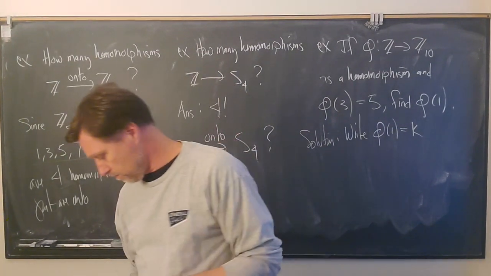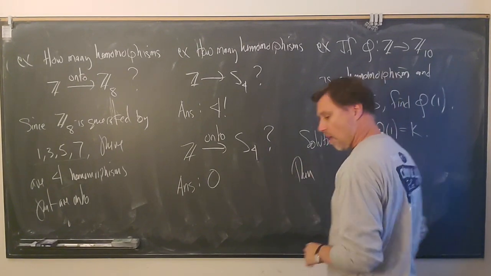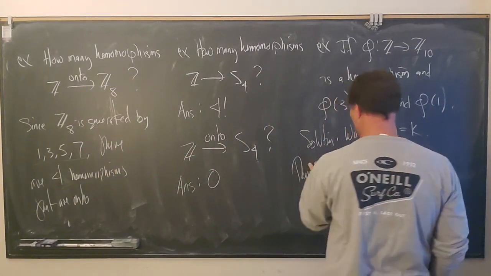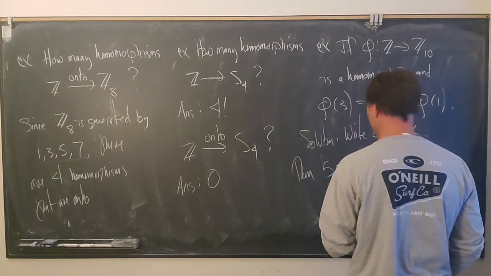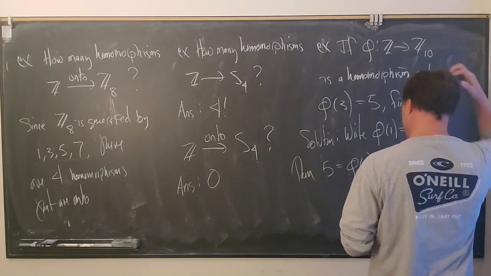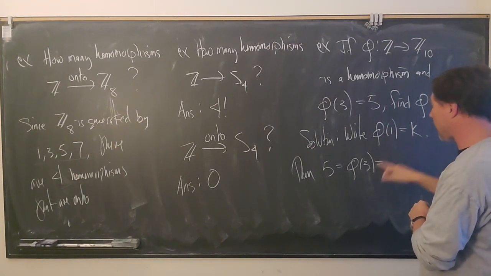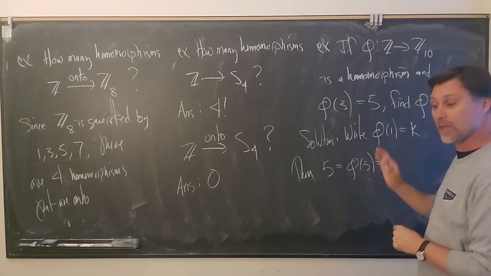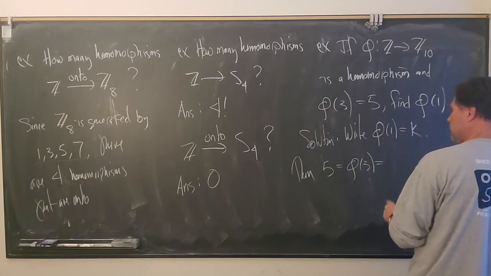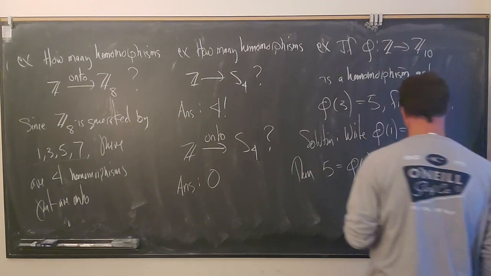And now, 5 is equal to phi of 3, which is equal to, well, if phi of 1 is equal to k, that means that phi of 3 is equal to k plus k plus k, mod 10. So phi of 3 is equal to 3k mod 10.